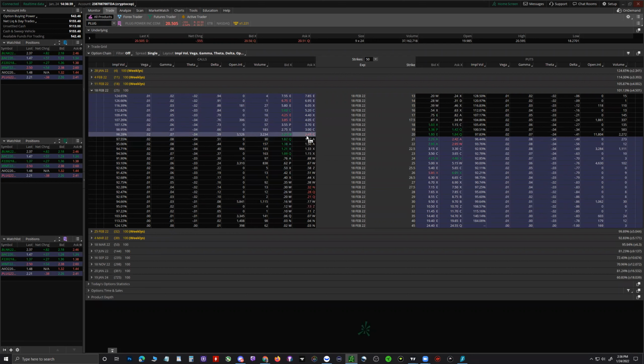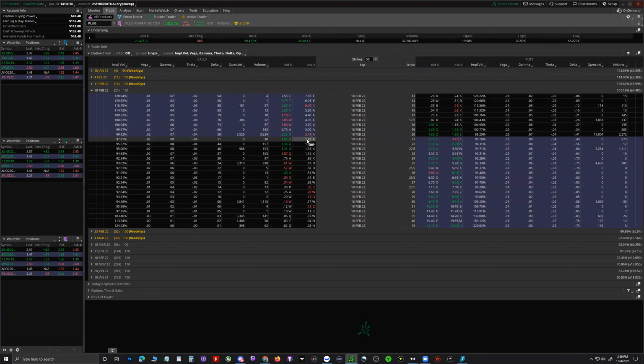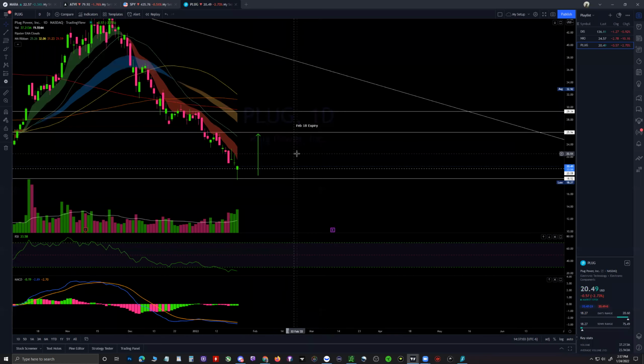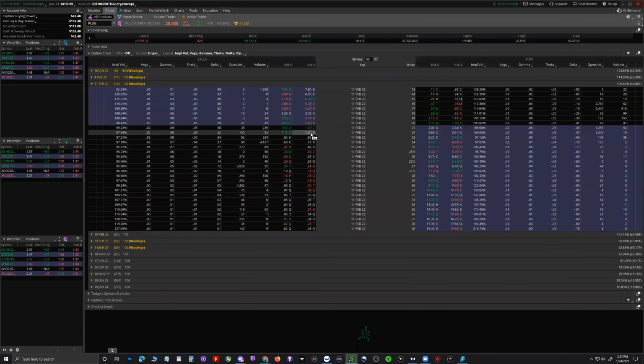Probably should have entered it when I first saw it. I'm not against going into in the money calls either. Let's give it a minute to pull back and see if we can get a better price on the 20C for February 18th. We could even do February 11th.